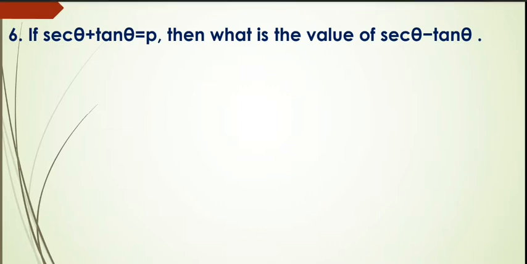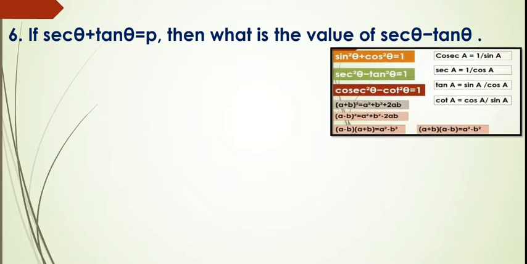See the next one. If sec θ + tan θ is equal to p, then what is the value of sec θ − tan θ? So see here, observe the trigonometric identities and algebraic identities.